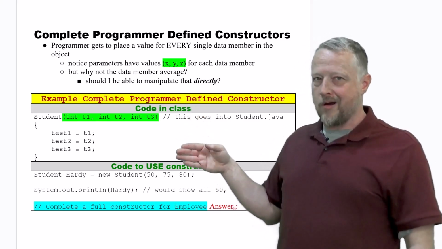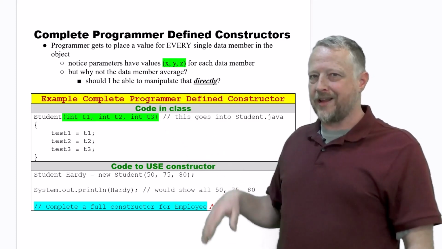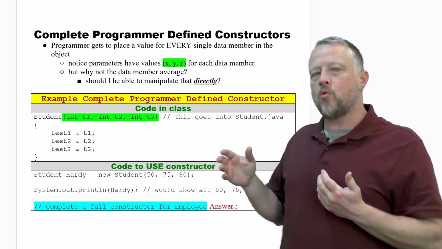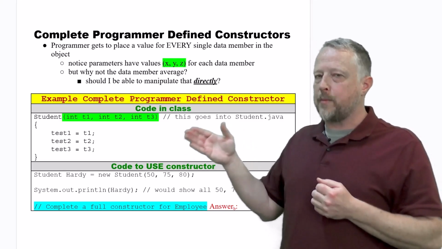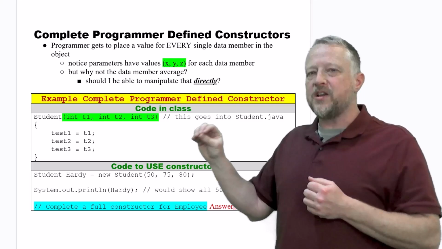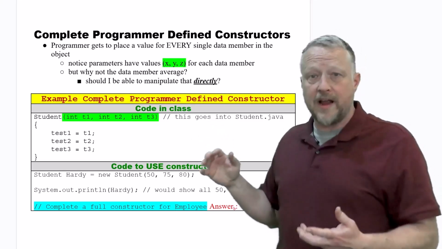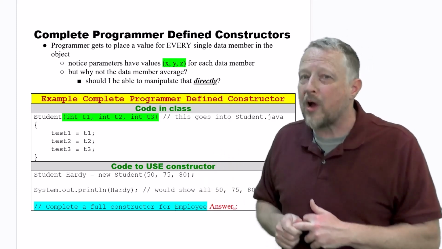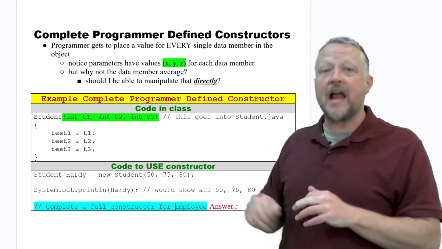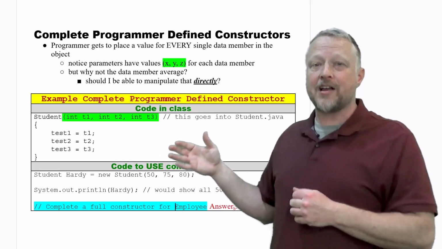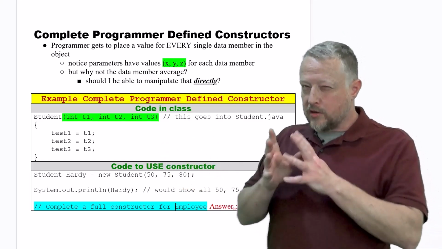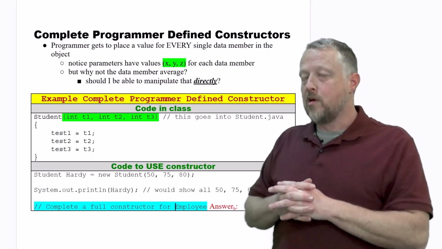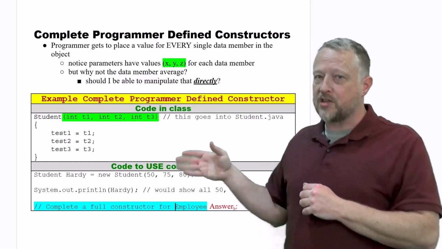That'd be like Hardy getting these values and then his average is 100. So it's still a complete programmer defined constructor, but there might be some hidden members because of the way it should be: they can't directly manipulate it right off the bat. Let's have a function that calculates the actual average so somebody doesn't get greedy and have direct access to it, okay? So that's the thought process behind this.